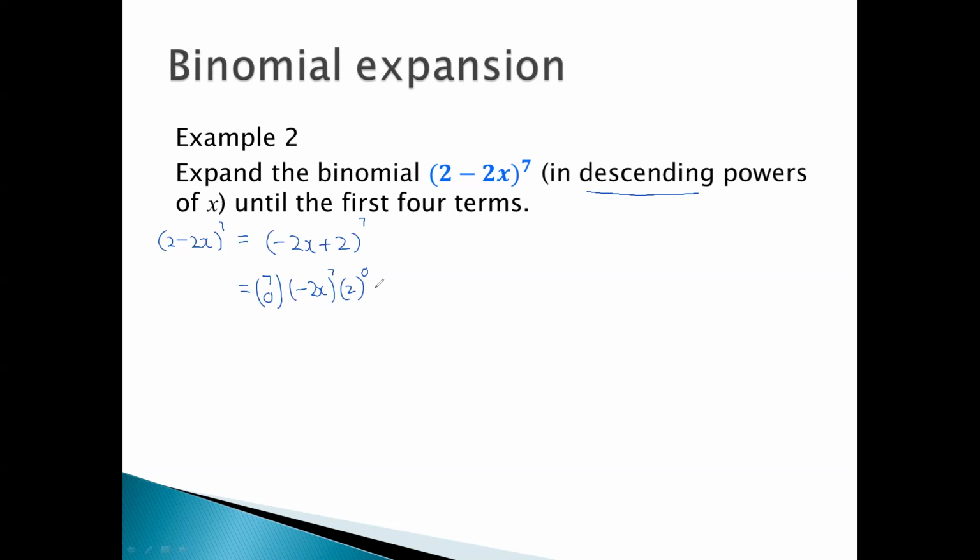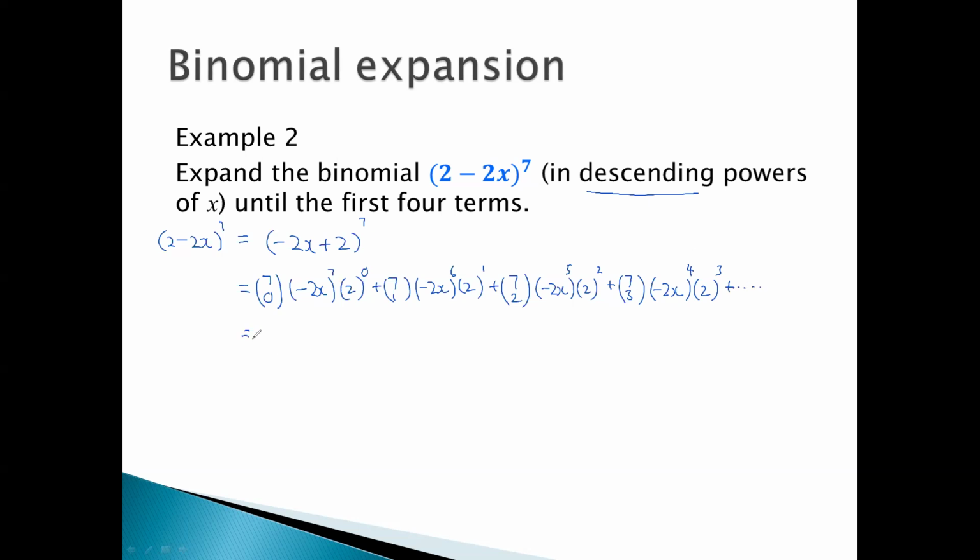Okay, next, plus 7 choose 1, first term, second term, power goes up 1, and 7 minus 1 is 6. 7 choose 2, first term, second term, power goes up here. 7 minus 2 is 5. I have 3 terms already, one more term. 7 choose 3, first term, second term. 3 goes up, 7 minus 3 is 4. 1, 2, 3, 4, I have 4 terms.